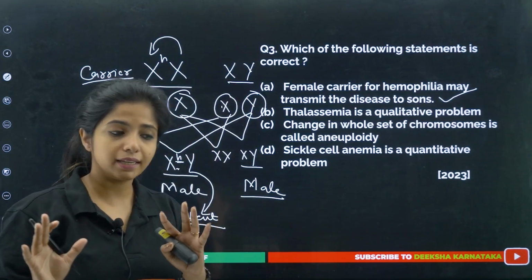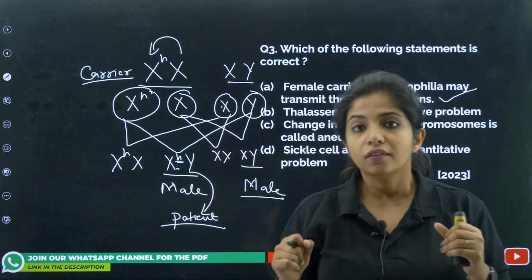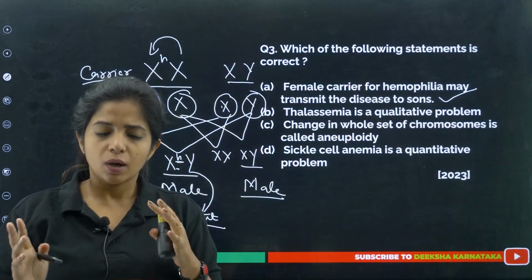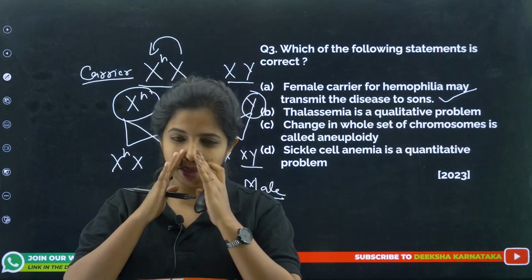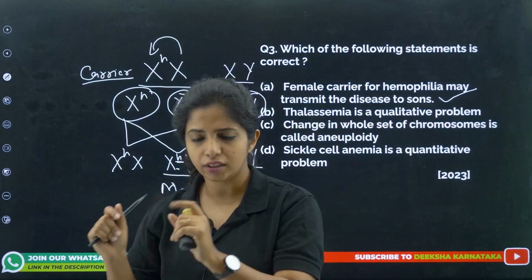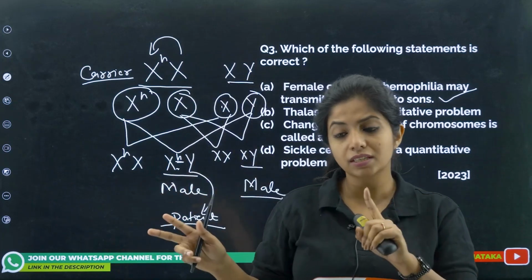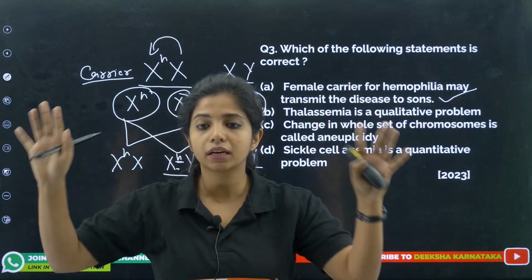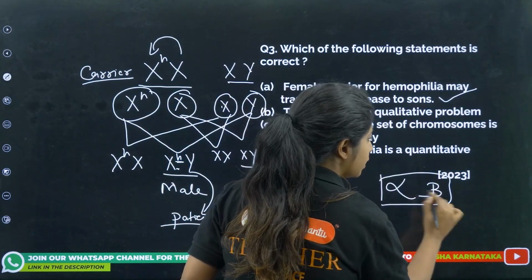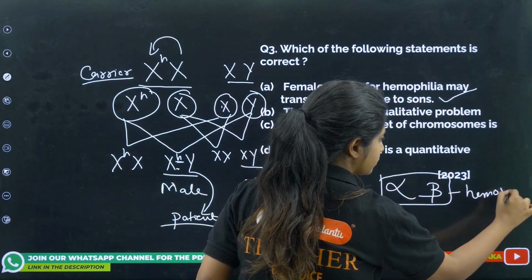Thalassemia is basically a disease caused when your hemoglobin producing genes are affected. There are two chains, the alpha globin chain and the beta globin chain. Both chains have to be made for making hemoglobin. You need both alpha and beta to make a unit of hemoglobin.